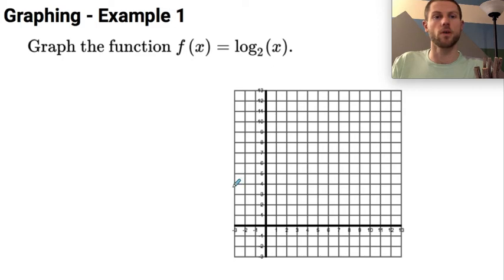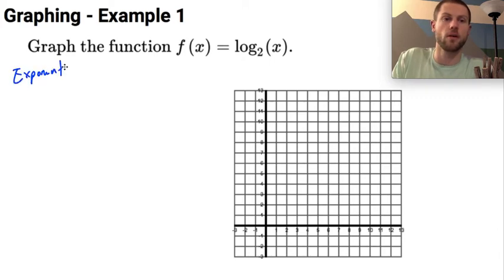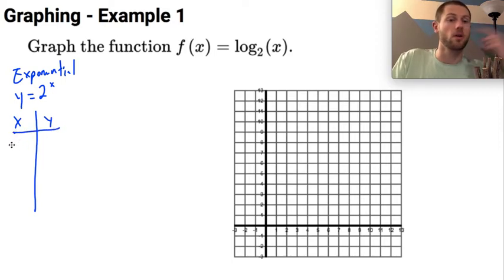So let's graph one of these together. We want to graph just the function f of x equals log base 2 of x. Now if I think in my exponential frame of mind, and I were thinking of the exponential y equals 2 to the x, normally when you would graph these, you would create a table of values, and you could put in all kinds of different values for x: negative 1, 0, 1, 2, 3.